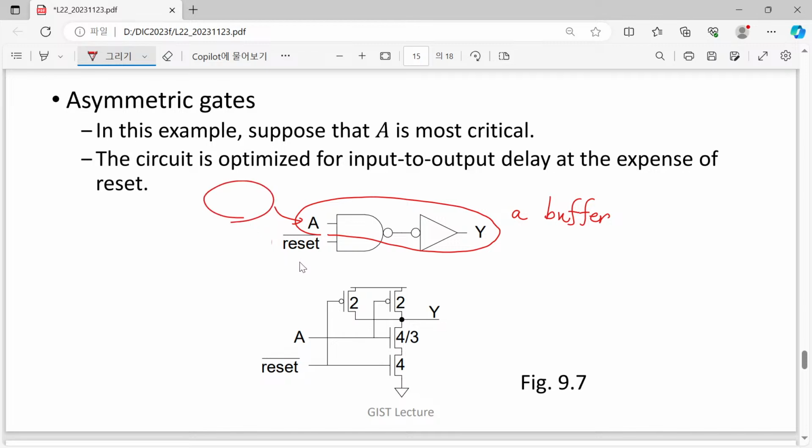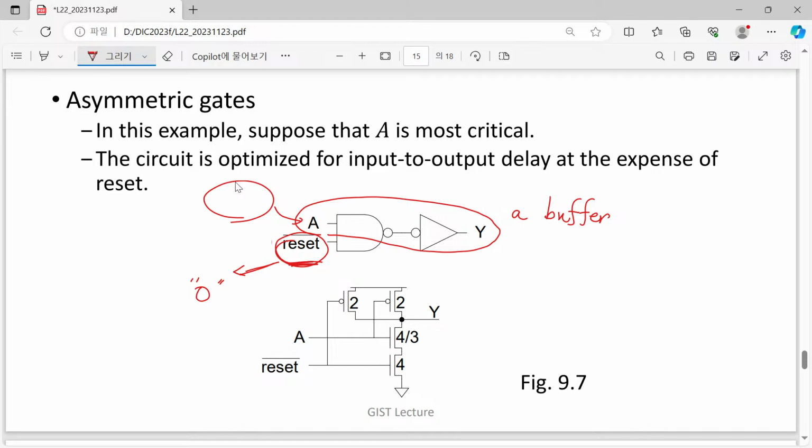However, in many cases, this reset can be just regarded as not reset bar. Reset can be regarded as 0, and we can slowly turn this reset on and slowly turn it off. This is quite a rare operation.